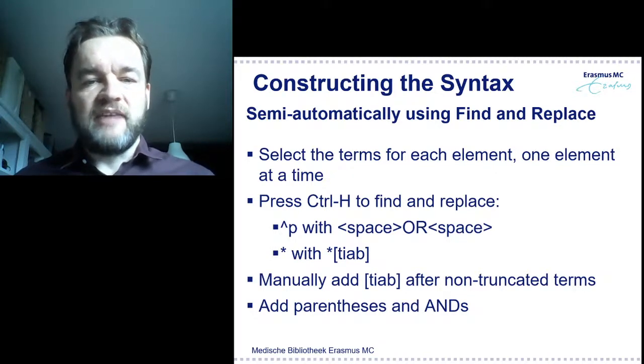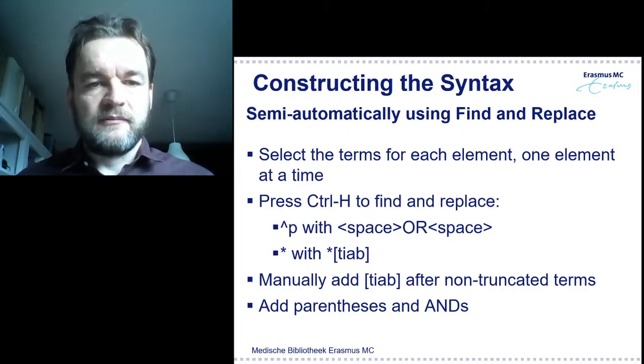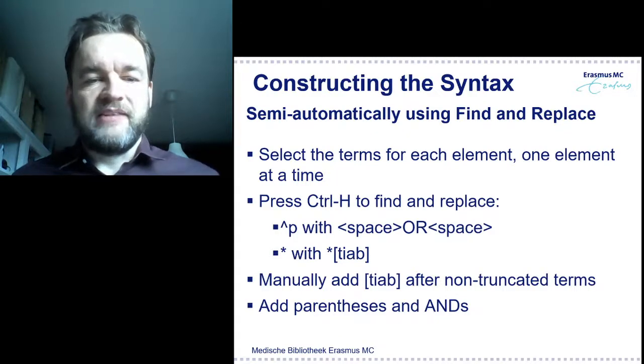We replaced an asterisk with asterisk TIAB. If there were any non-mesh terms that were not truncated, you should manually add TIAB after these terms. We added parentheses around the elements and added an AND to complete the search strategy.